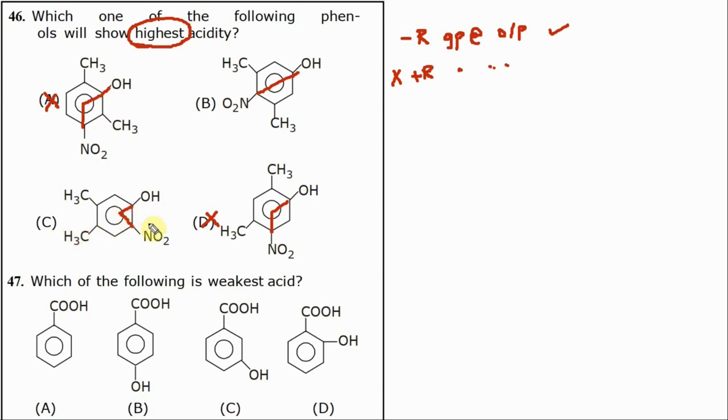So now we also know this is going to be minus I, minus R group, correct? Here it is going to be minus R and the minus I is less on this one. And remember, between para-nitrophenol and ortho-nitrophenol, para was more acidic than ortho, correct? Different nitrophenols. If you go by this logic, B should be the answer.